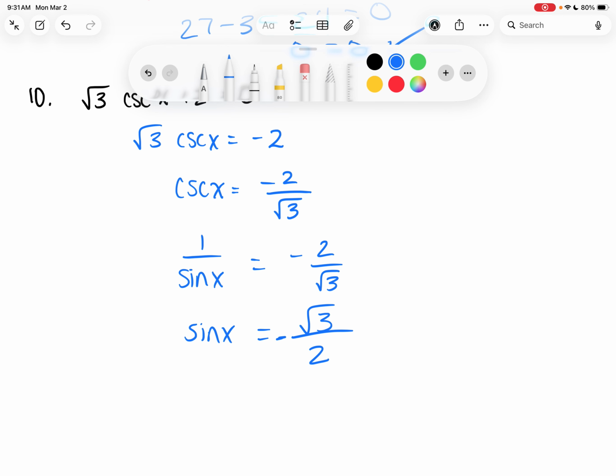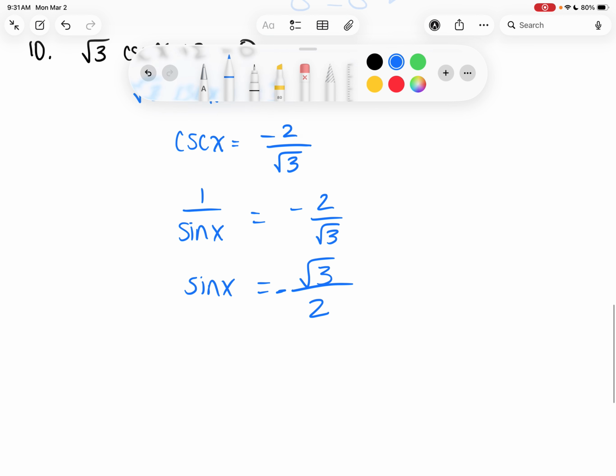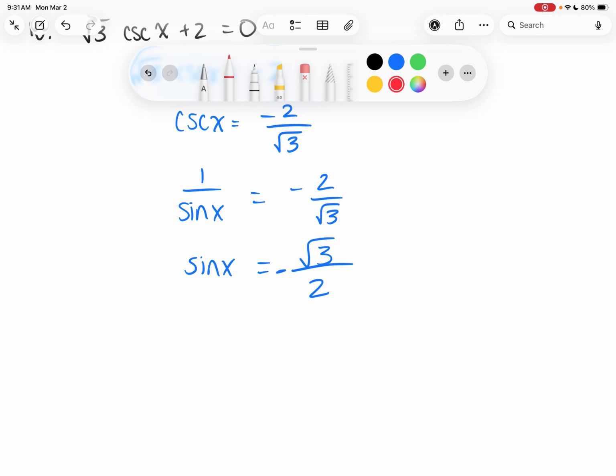What two values, and we're always going to do these in radians, give me a sine value of -√3 over 2? Yes. So we've got 4 pi over 3, and we've got 5 pi over 3.